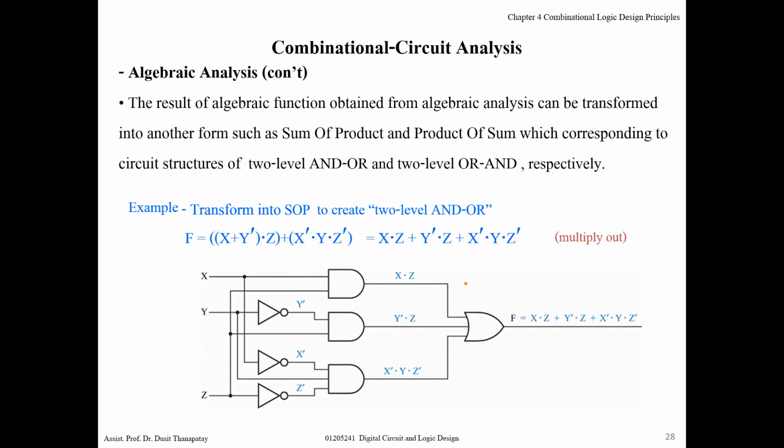But if you have some inverter here, so now it's 1, 2, 3, now it's a 3-level. If the inverter changes the original input to input with complement, we don't count this one as a level of the circuit.